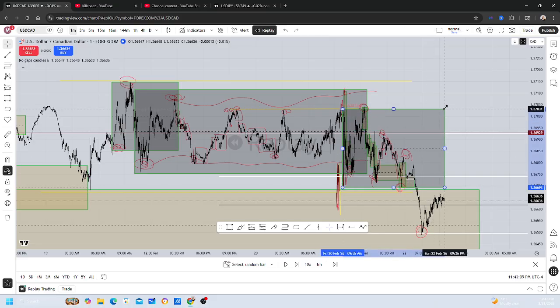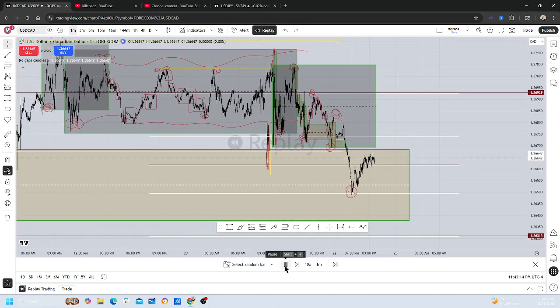Oh, trade up. 3. Let's see if we create our 4th. See if we create our 4th.